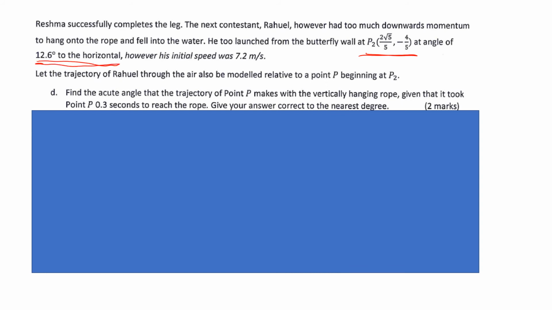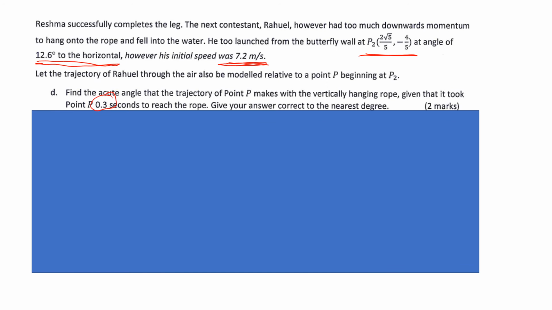However, his initial speed was just 7.2 meters per second. Let the trajectory of Rahul through the air also be modeled relative to a point P beginning at P2. Find the acute angle that the trajectory of point P makes with the vertically hanging rope, given that it took point P 0.3 seconds to reach the rope.